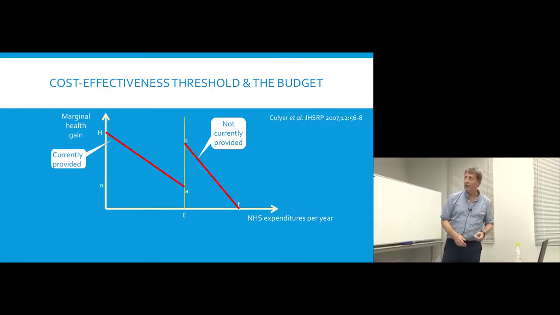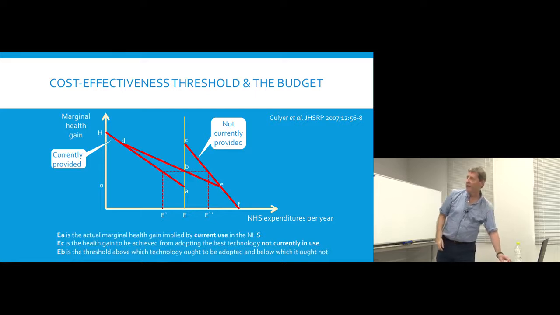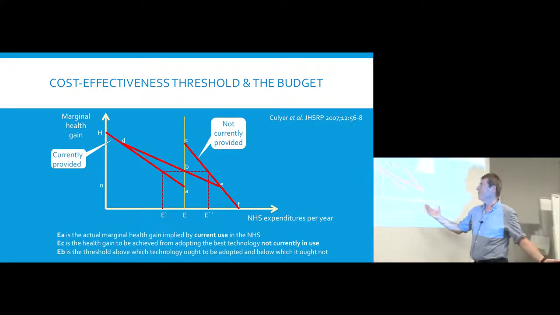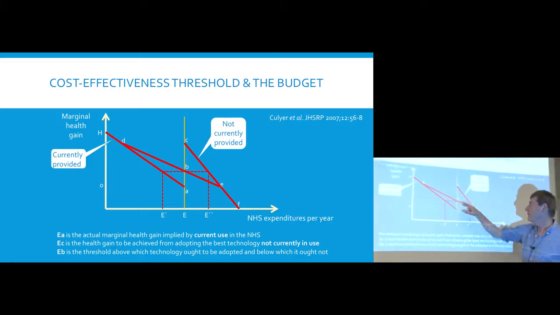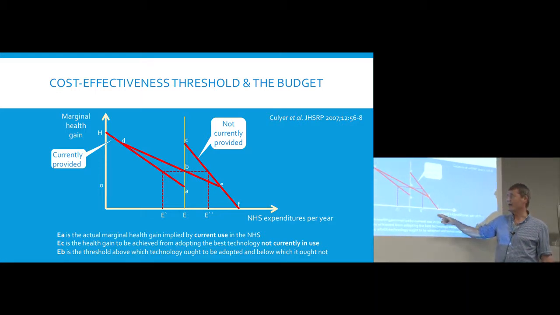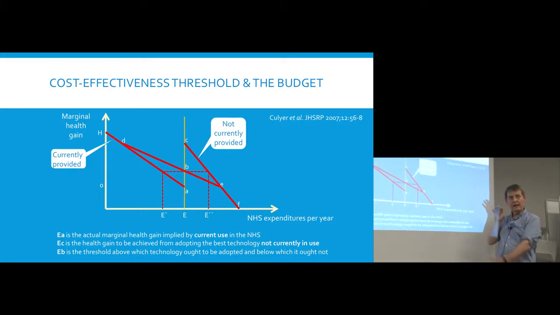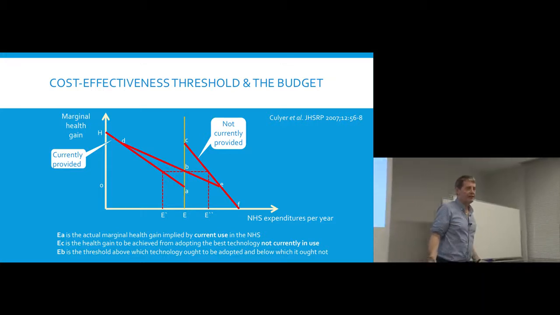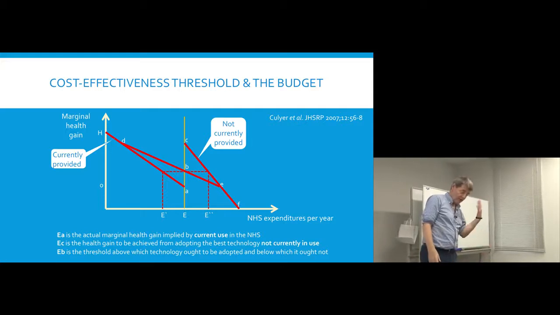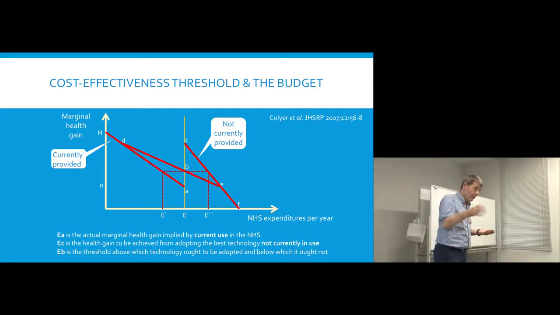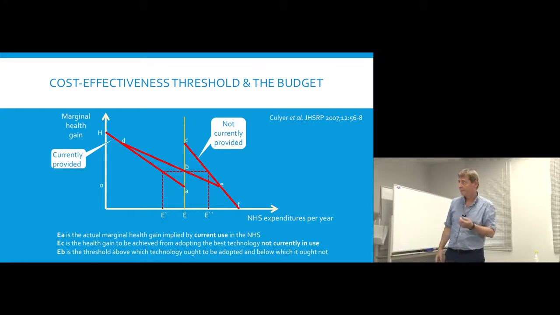So now imagine we did everything. So we sum together, adding horizontally, the two curves. So we get a new curve, new line, H, D, B, E, F. That's the adding horizontally. That's if we did everything. If we did the things we're currently doing, but we also did all the things we're not currently providing.